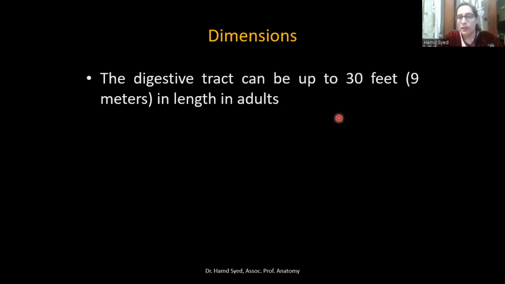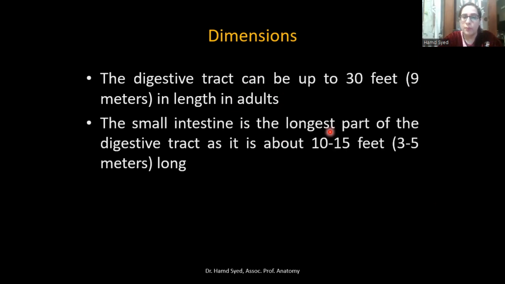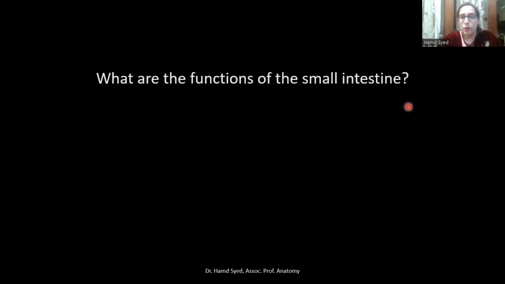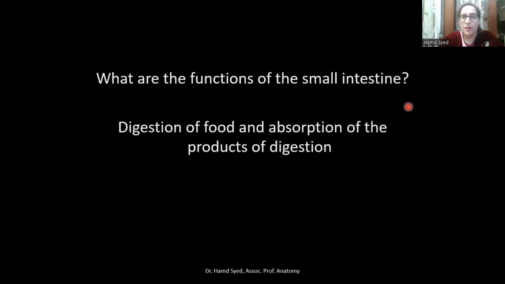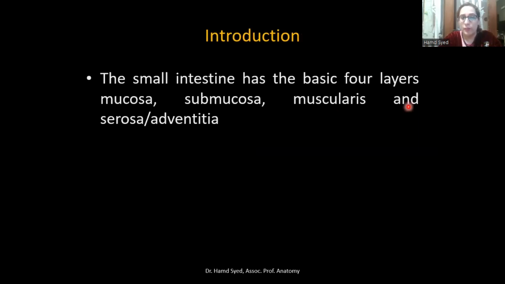So the small intestines are about 5 meters, or we could simply say the range is 3 to 5 meters long. You know, the function of the small intestine is digestion as well as absorption of the products of digestion.